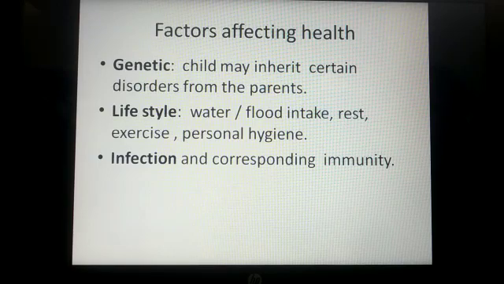They are due to lack of proper knowledge, or lack of exercise, rest or personal hygiene, and even because of lack of water and food intake. Infection and corresponding immunity.